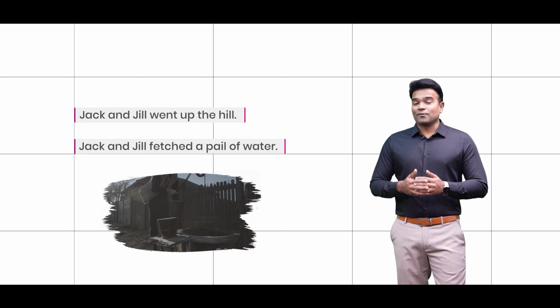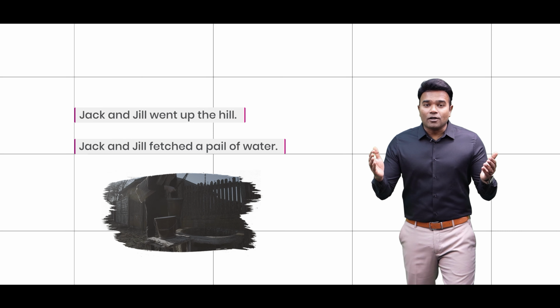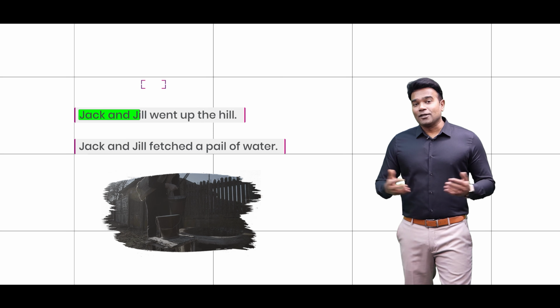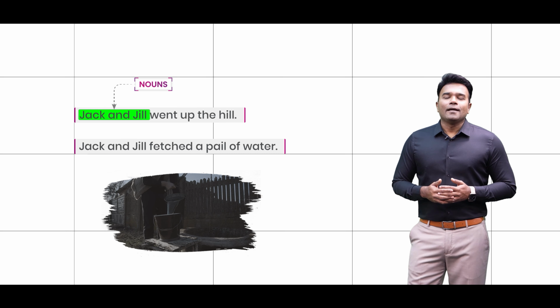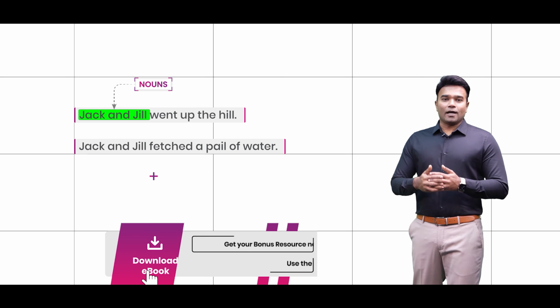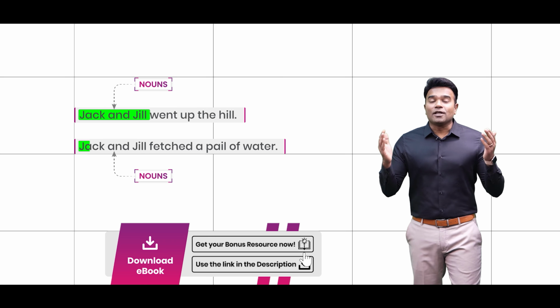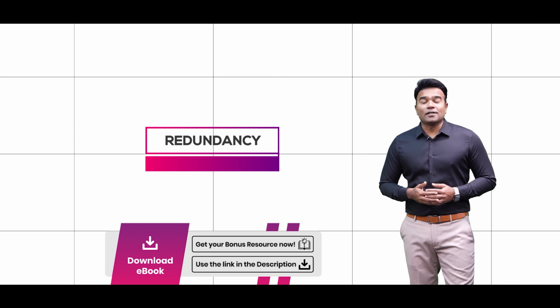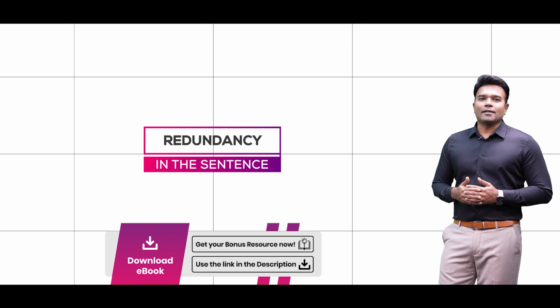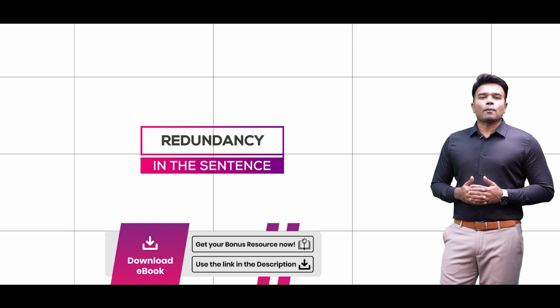If you look at the first sentence, I'm sure you are able to identify Jack and Jill to be the nouns present in the sentence. But in the second sentence as well, we are again repeating the same nouns, Jack and Jill, and this definitely adds repetitiveness to the sentence, due to which the sentence becomes less readable and more cumbersome.